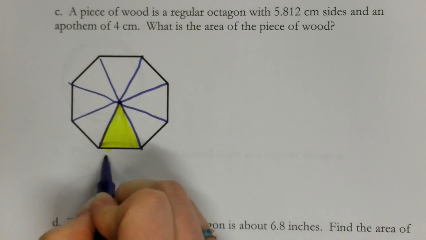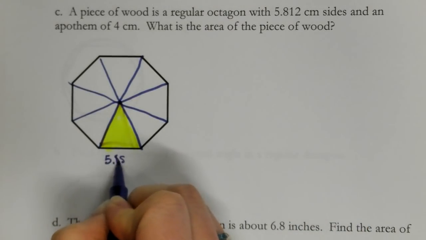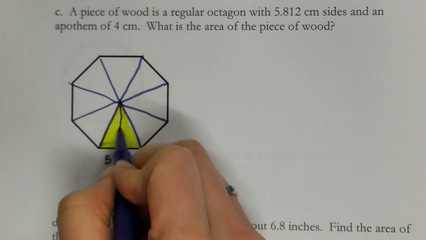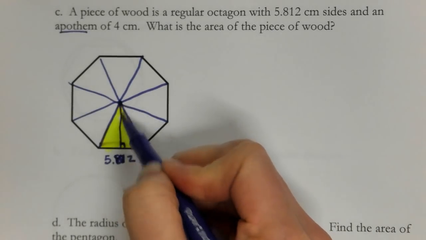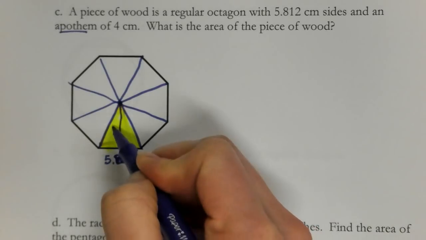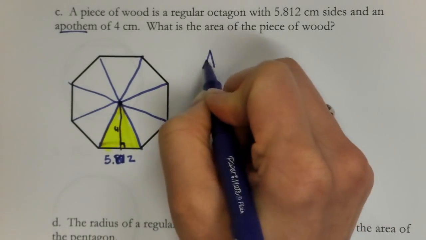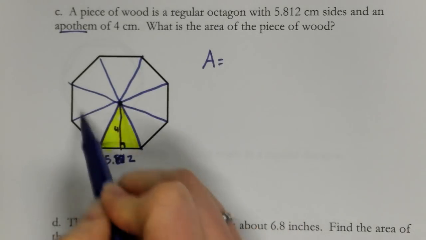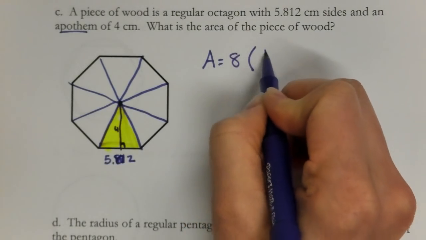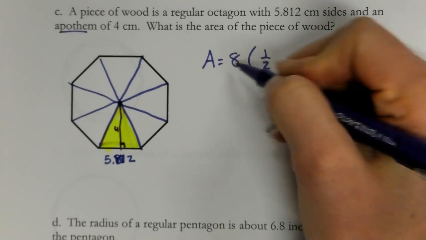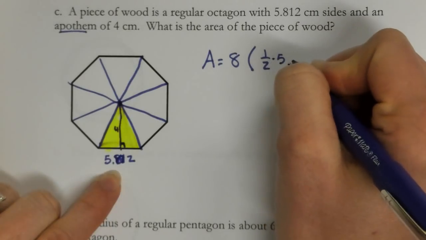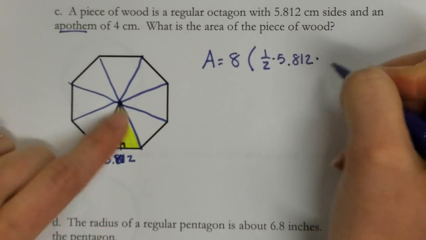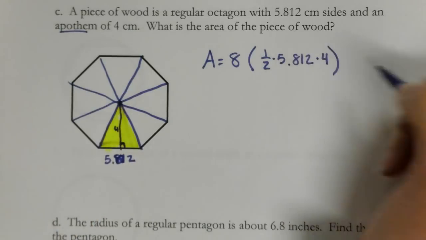The side is 5.812. Whoops, sorry, 5.812. This height, that's what the apothem is, from the center perpendicular to the side, is going to be 4. So if it's an octagon, there's 8 triangles. So 8 times 1/2 base times height. The base is 5.812, and then the height of it is 4.